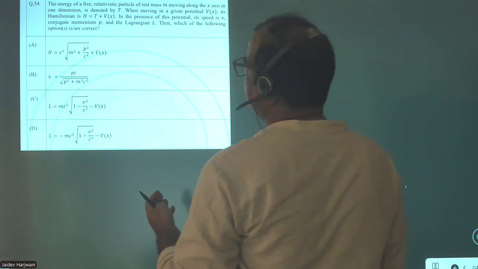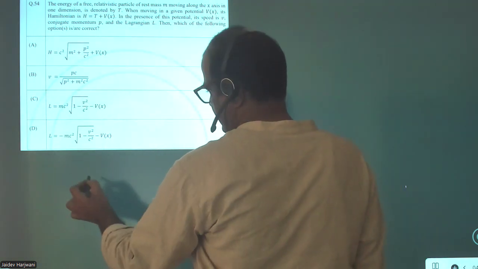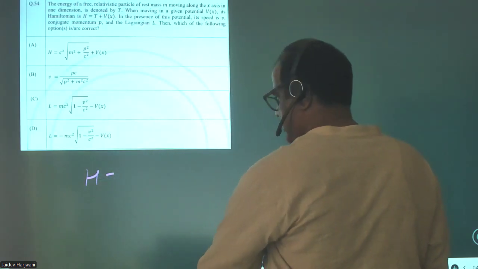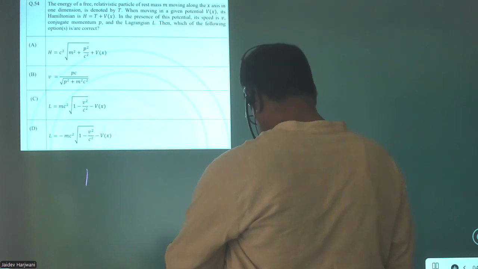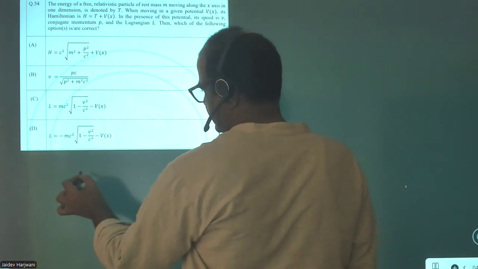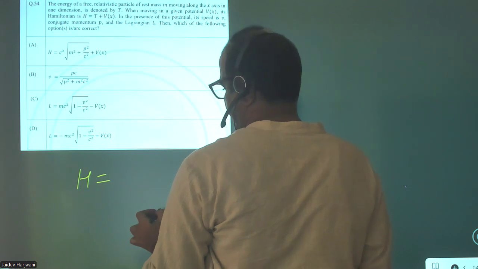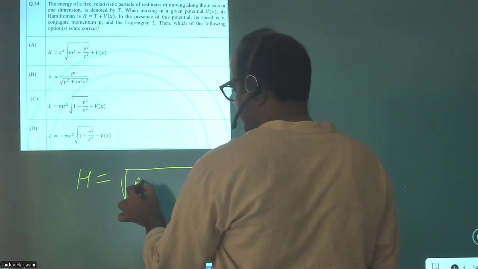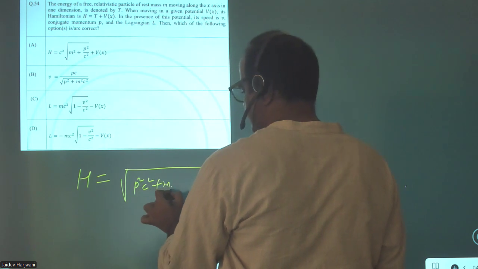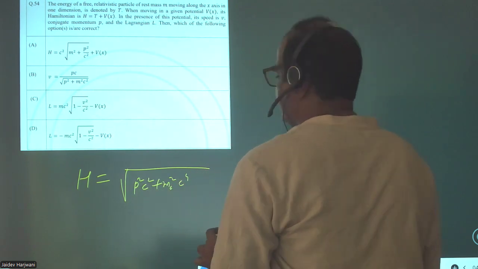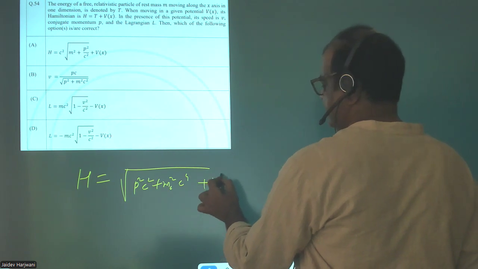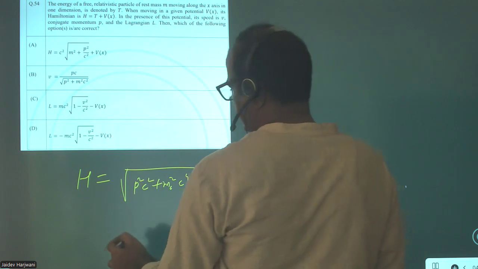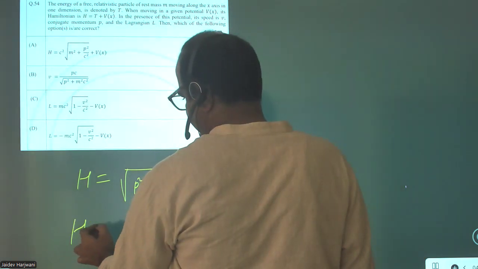So what can I write here? H is the relativistic energy, which is the square root of p squared c squared plus m0 squared c to the fourth, plus V(x). I can directly solve this.